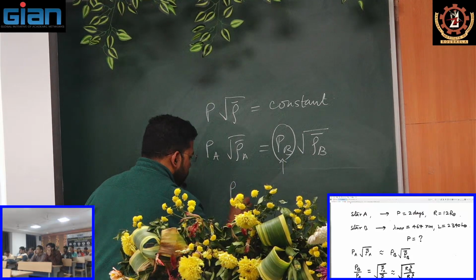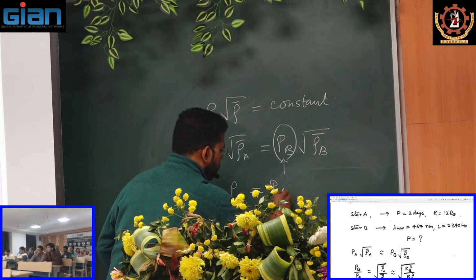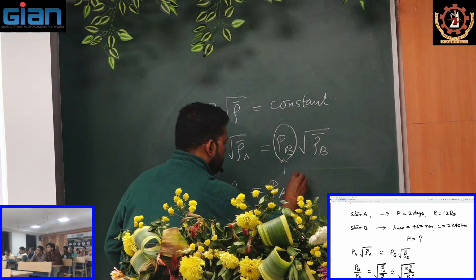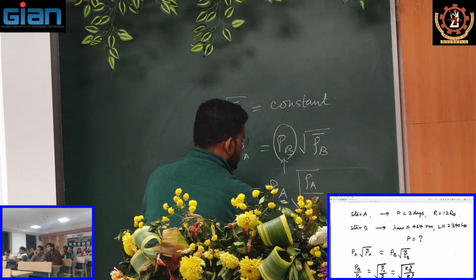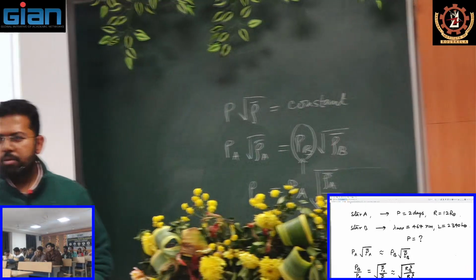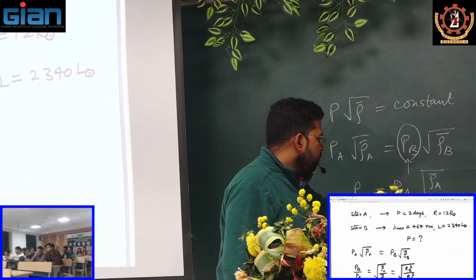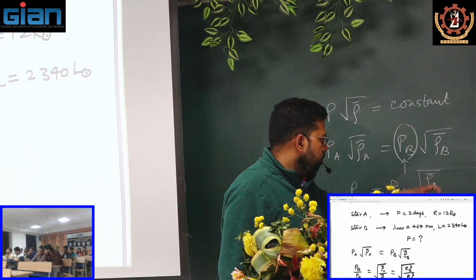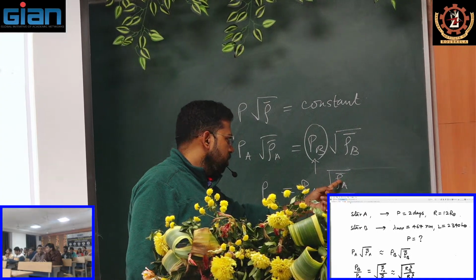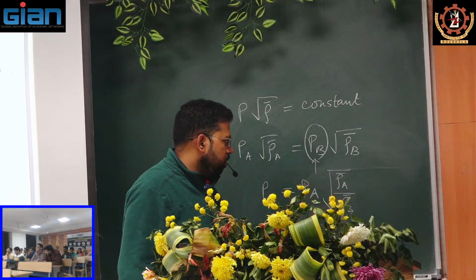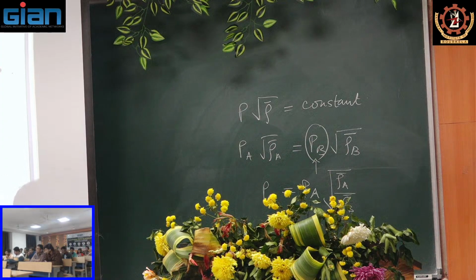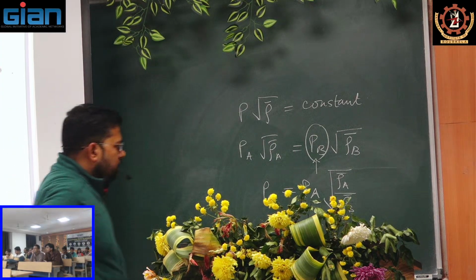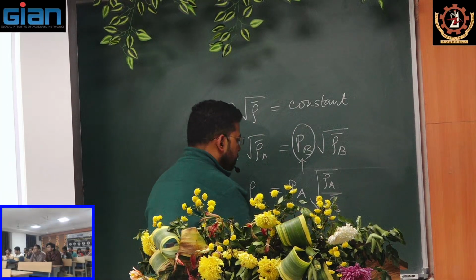So this PB is simply the period associated with star A, and then rho A divided by rho B. The entire thing you have to do is that if you know somehow the relation between rho A and rho B, you will be able to find out the period of your star B. Can we express this relation in terms of radius?